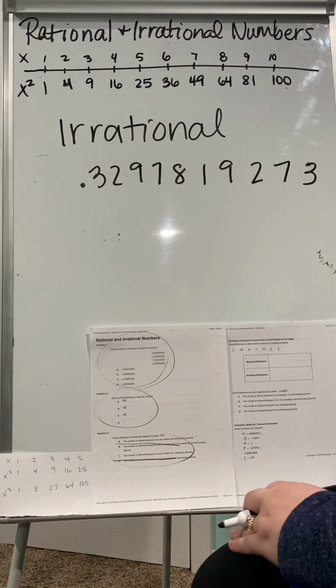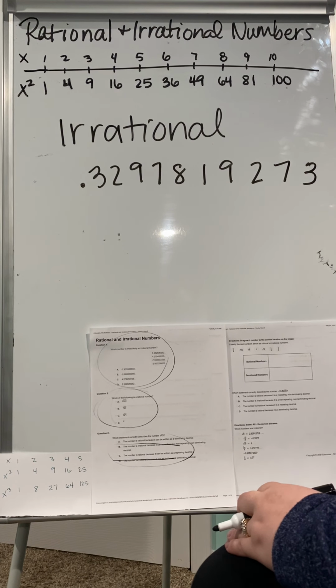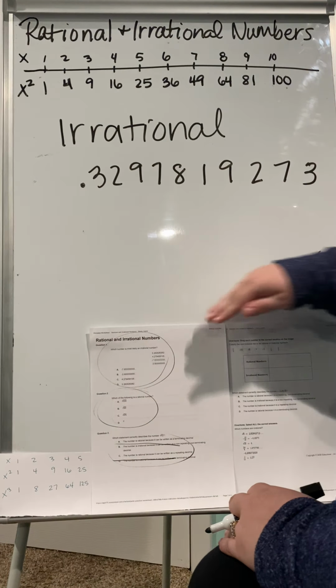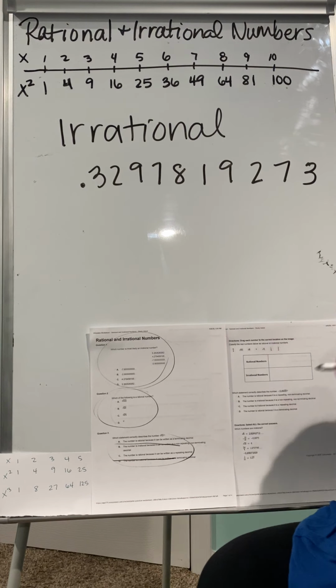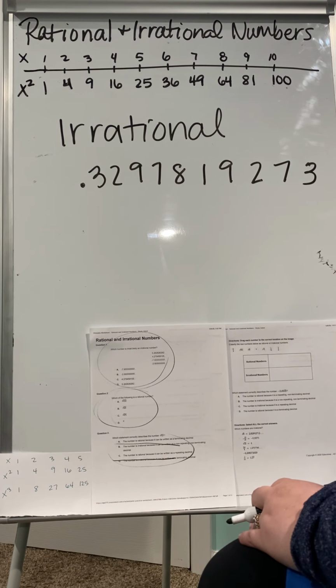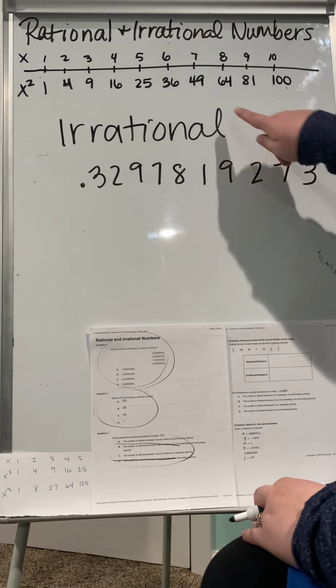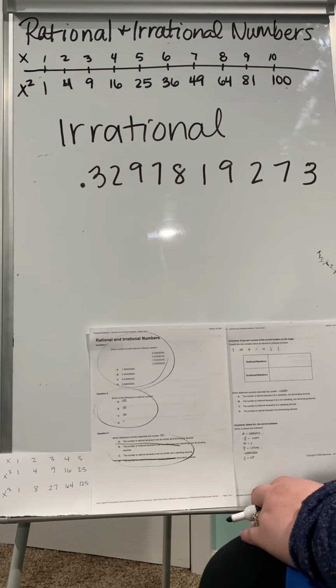That number makes no sense. There's no pattern to it. It doesn't repeat itself. If I were to plug this into a calculator and try and get it to write a fraction for me, it would not be able to do it. Okay? It cannot be written as a fraction. That makes it an irrational number.